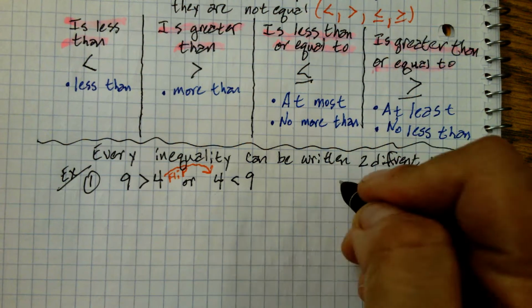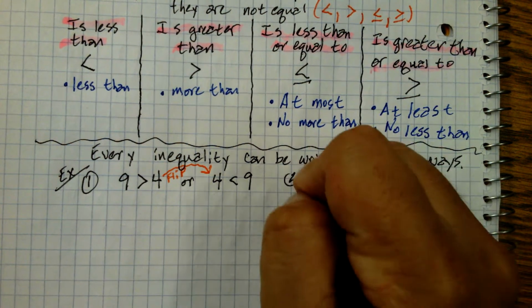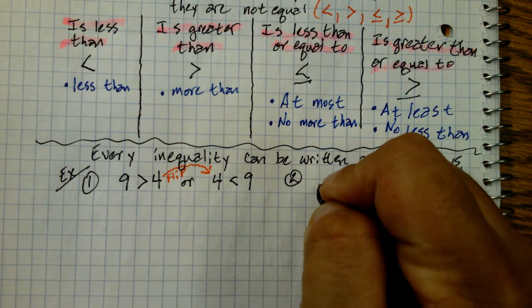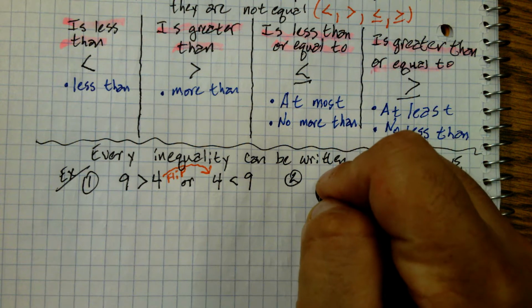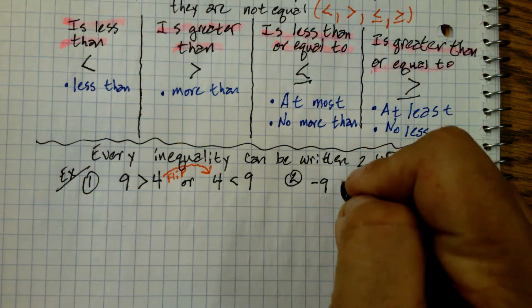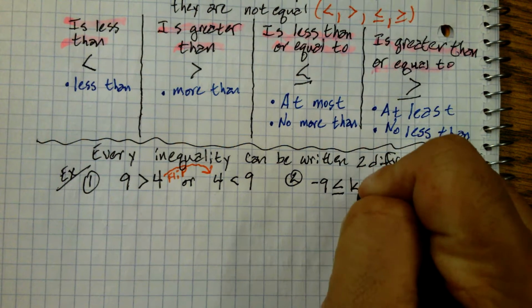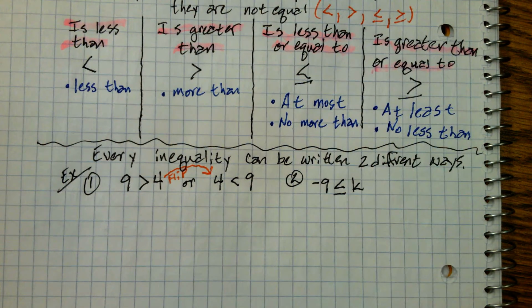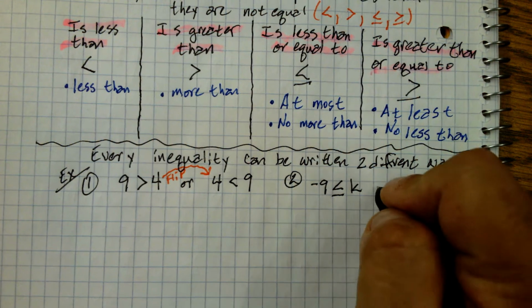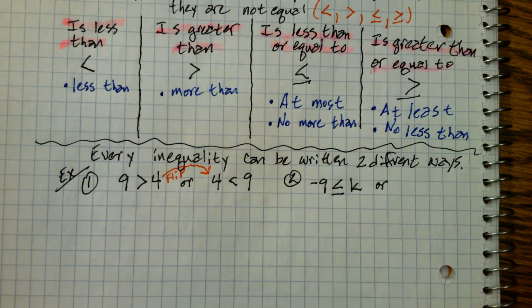Another one with a variable. Let's say I have -9 is less than or equal to k. We're going to be looking at inequalities with variables in a little bit. So write that down. That's one way to say this. Or let's flip it.